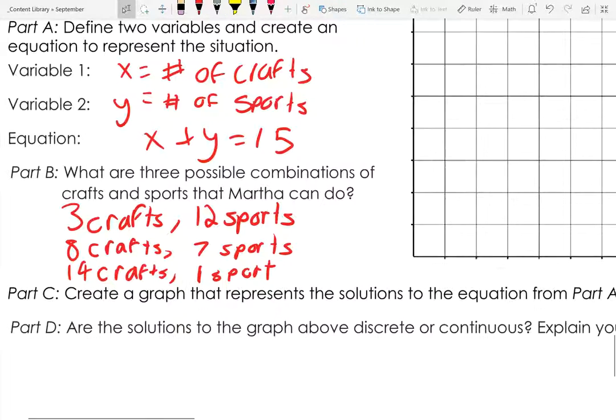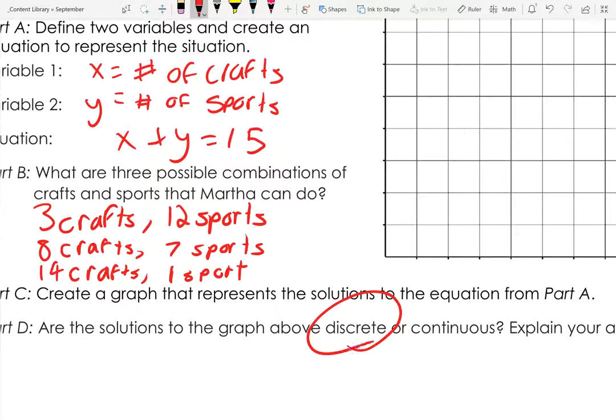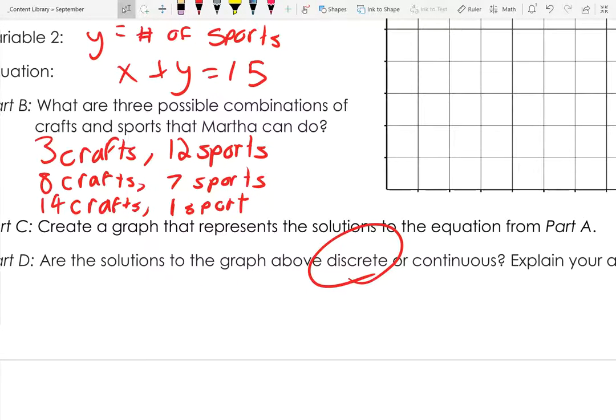Now, before I graph it, we're going to go ahead and mention that this is discrete. Discrete means that you can only have whole numbers representing it. So if you're planning your day, and you're going to plan 15 activities, you're going to plan a whole number of crafts, a whole number of activities. You're going to say, hey, we're going to do 3 crafts and 12 sports today. We're going to do 8 crafts and 7 sports today, right?